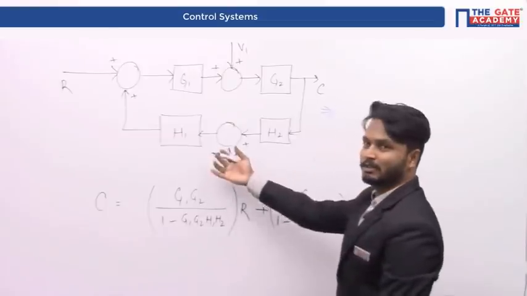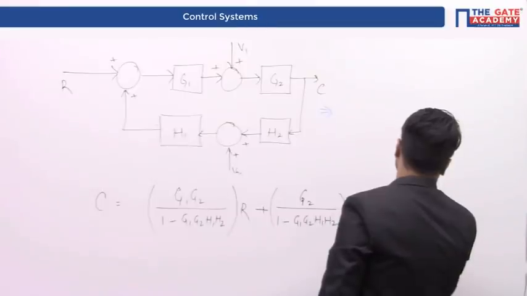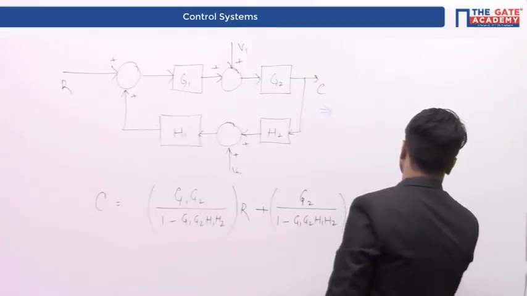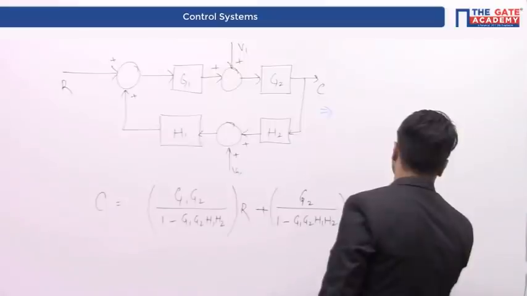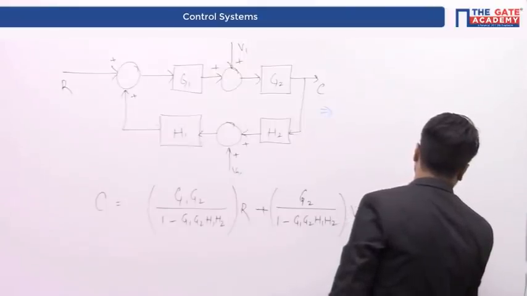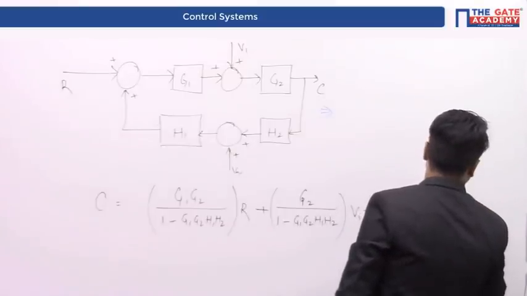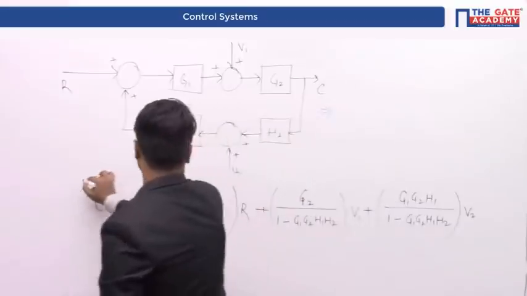When only V2 is present, the output was G1 G2 H1 divided by 1 minus G1 G2 H1 H2 multiplied by V2.